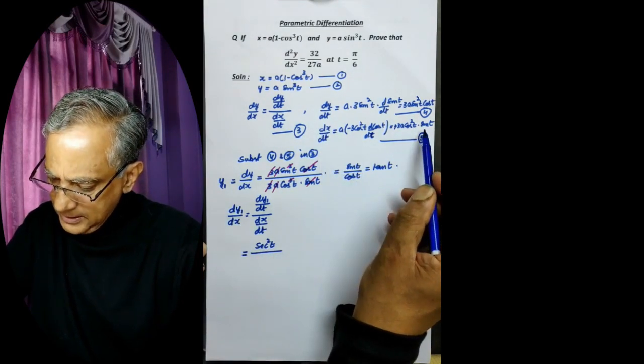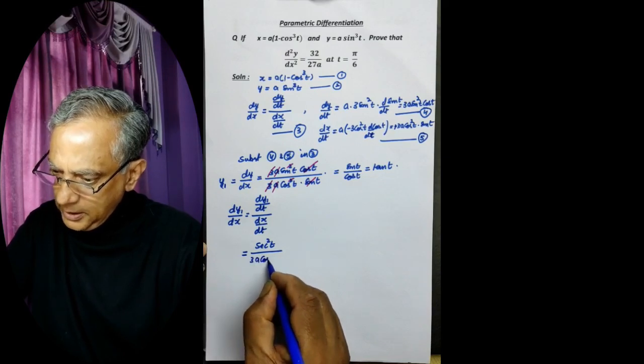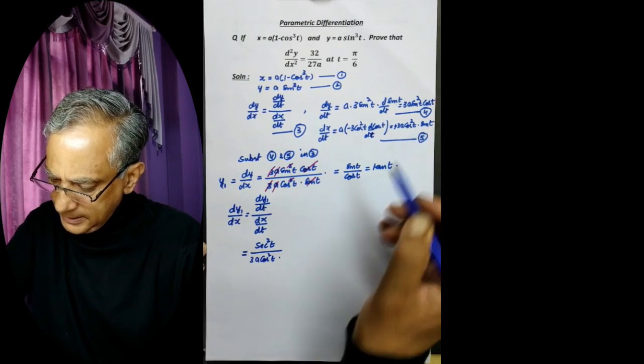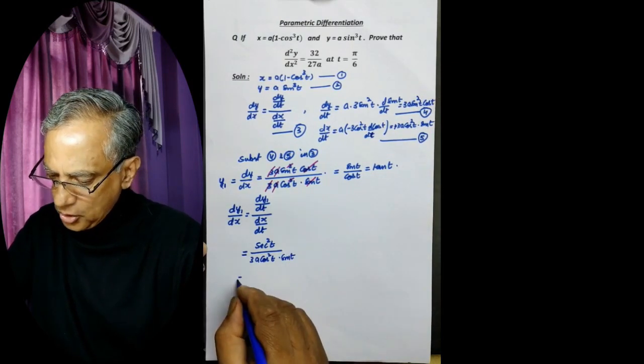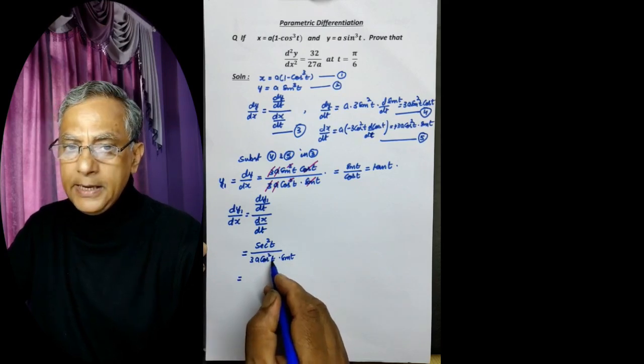So this is 3a cos square t from 5, 3a cos square t into sin t, and 1 over cos square t is secant square t.